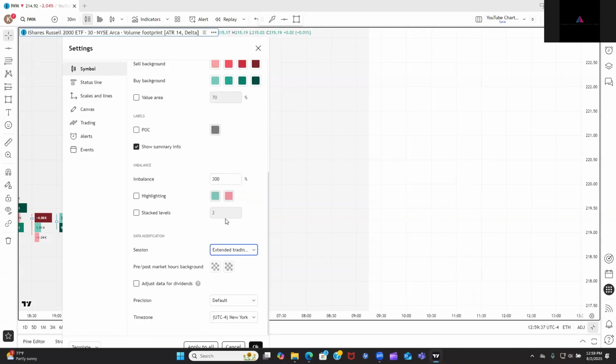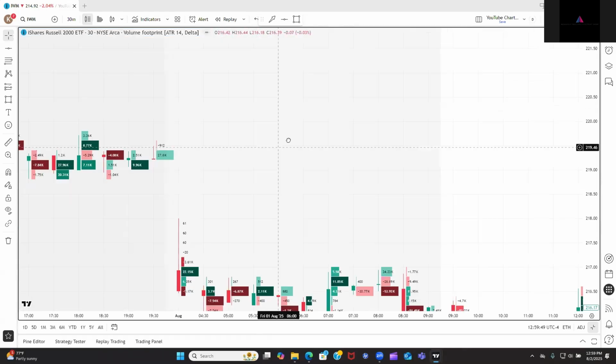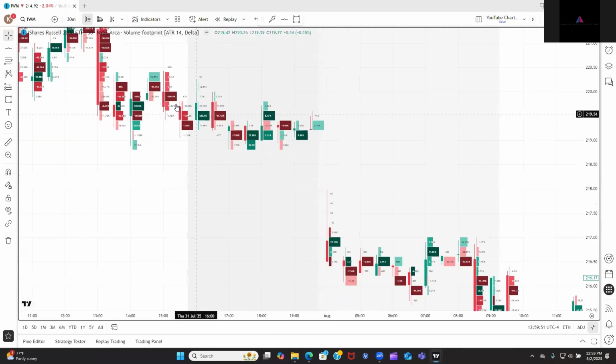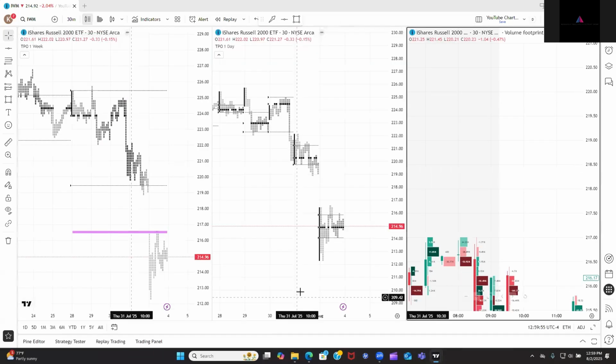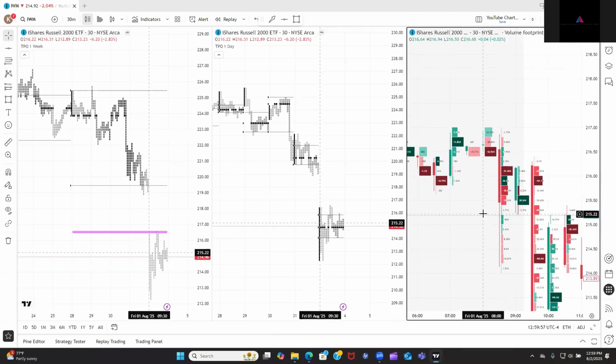All right. You can do time zones wherever you live. I'm on the East Coast, so it would be Eastern, New York. And then hit OK. And that is how my footprint looks, which is on the far right of my chart.